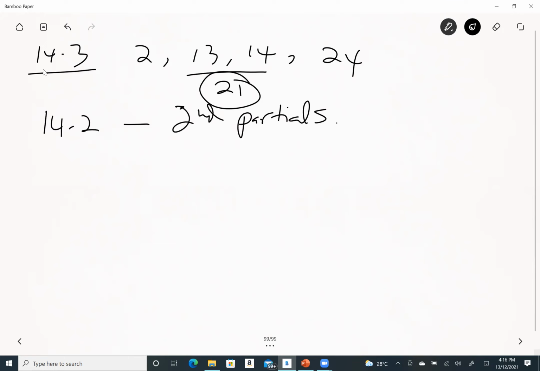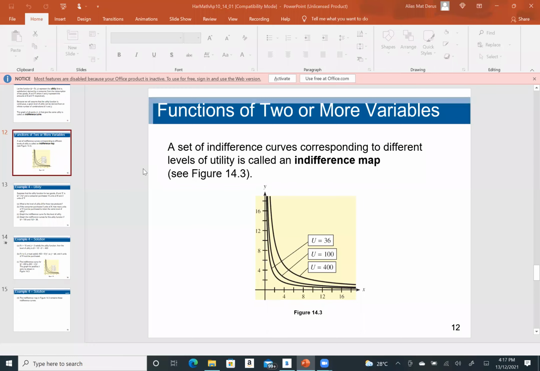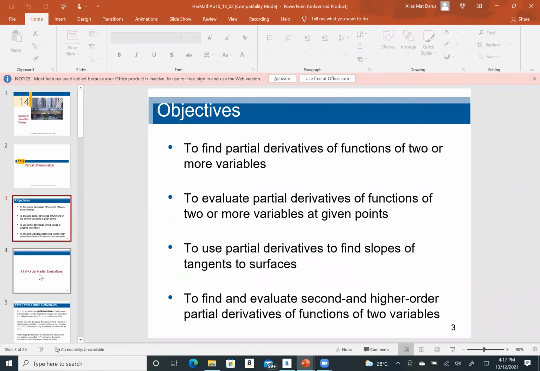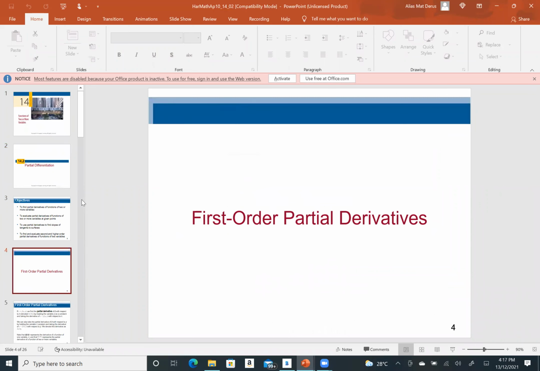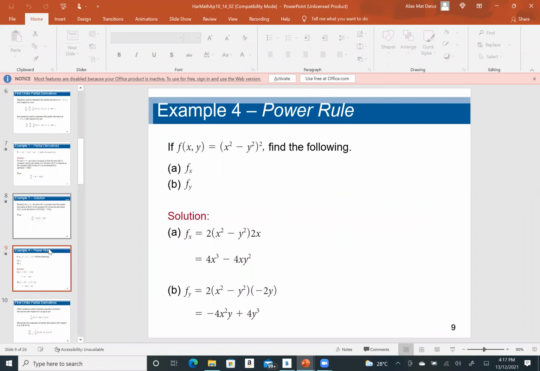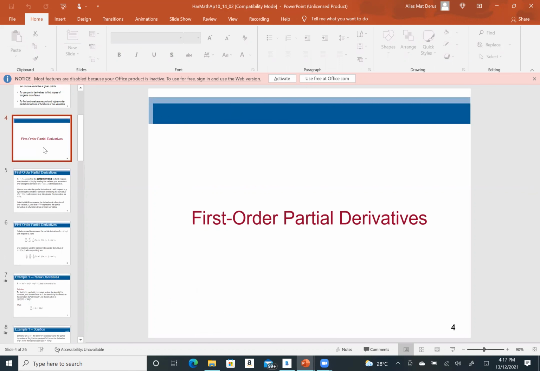Alright, let's take a look. I want to show you this thing here. First, the partial derivatives that we have been doing are what you call the first partial.